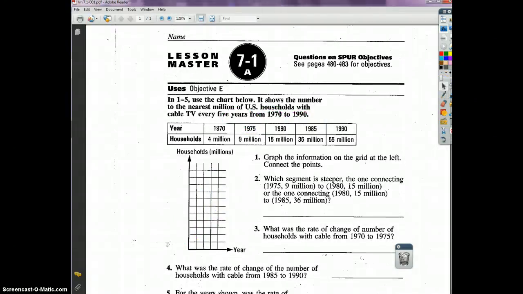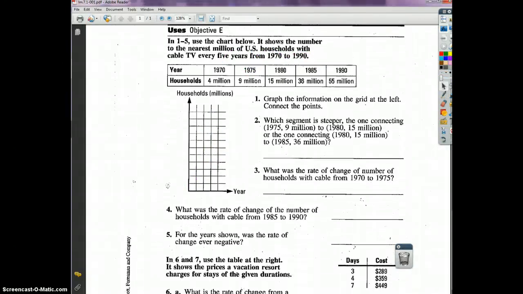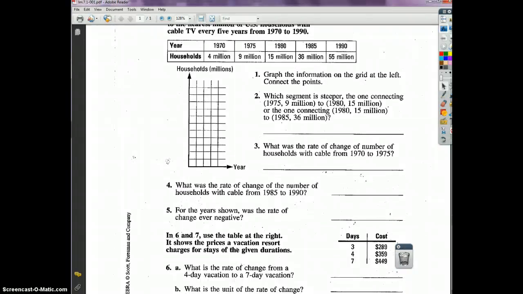Alright, scrolling down. What was the rate of change from 1970 to 1975? So let's look. Here's 1970, here's 1975. Here are our points.